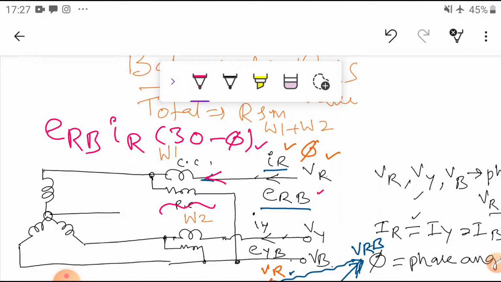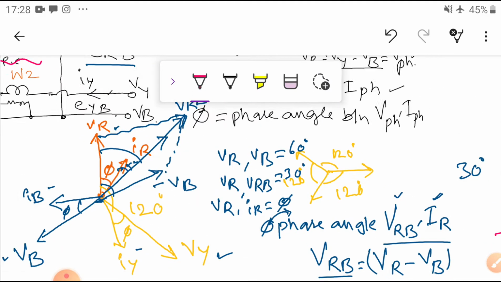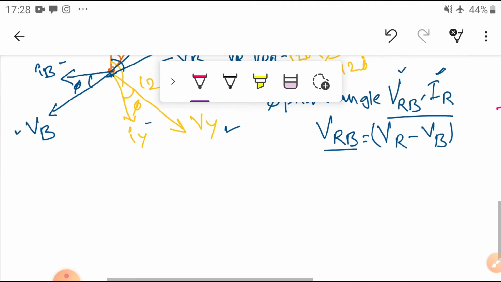So what is the power? Power is equal to V into I into cos of this phase angle. We are going to find the power in this phase. Let us assume it is W1. So I can write W1 from this phasor diagram.